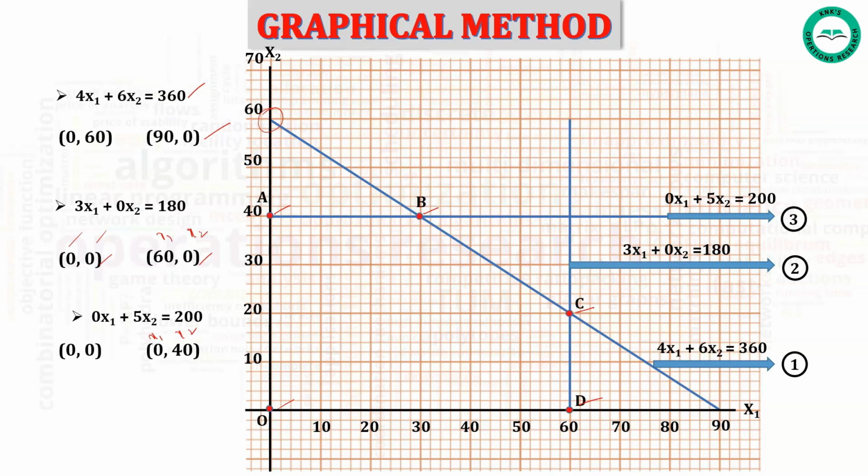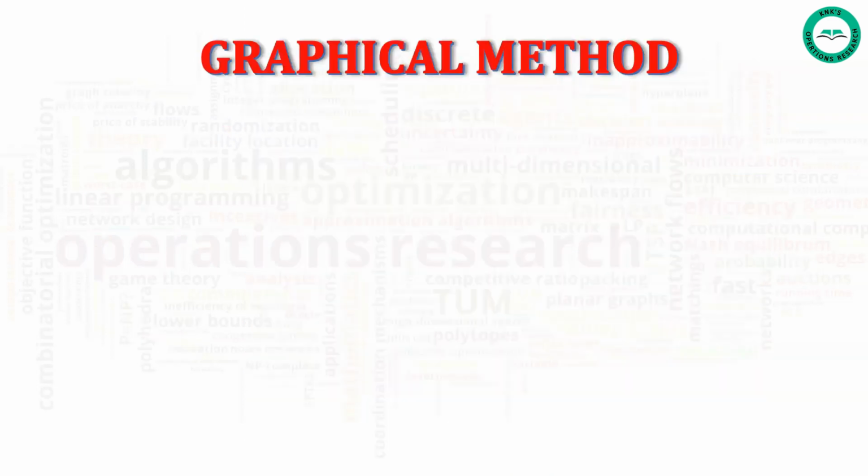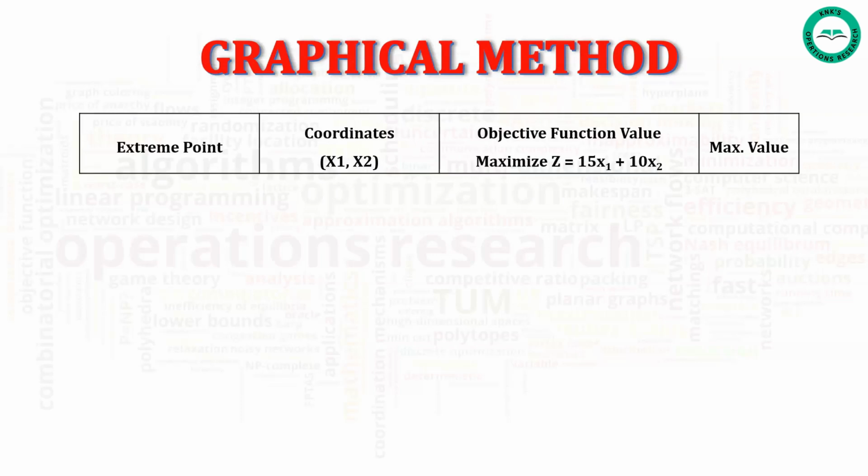Now evaluate the objective function value at each extreme point of the feasible region. So first draw a table. The first column is the extreme point; take the extreme coordinates and the objective function and calculate the objective function value.